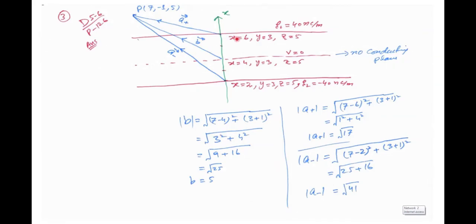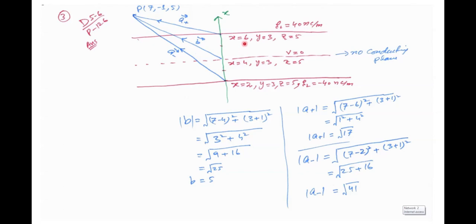So the configuration of charges looks like this, as shown in the figure. The positive line charge density is located at x equal to 6, and the plane having 0 potential is located at x equal to 4. So the difference between the location of the line charge and the infinite plane is 2.